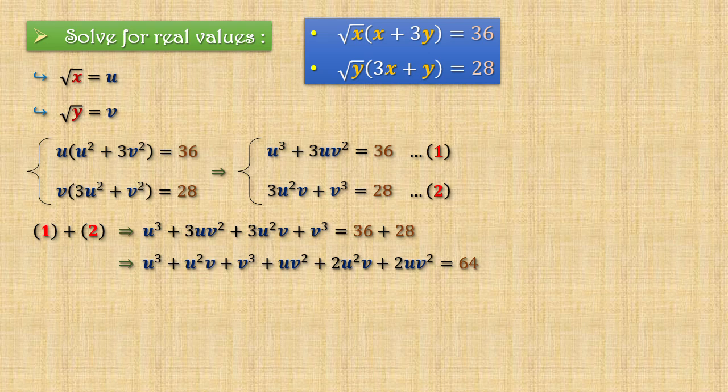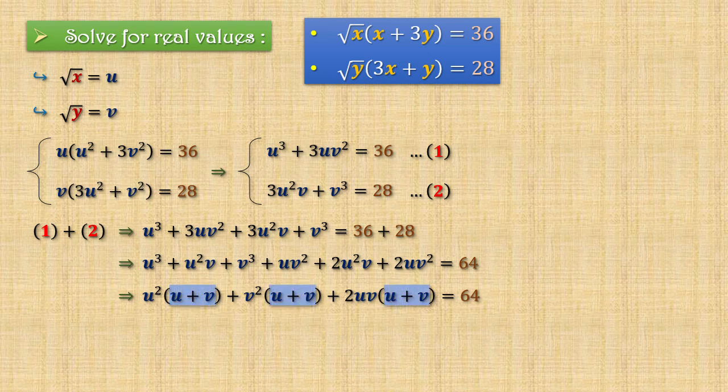By extracting u square as a common factor from the terms u cube and u square v, and v square as a common factor from the terms v cube and uv square, and 2uv as a common factor from the terms 2u square v and 2uv square, our equation becomes u square multiplied by u plus v, plus v square multiplied by u plus v, plus 2uv multiplied by u plus v equals 64.